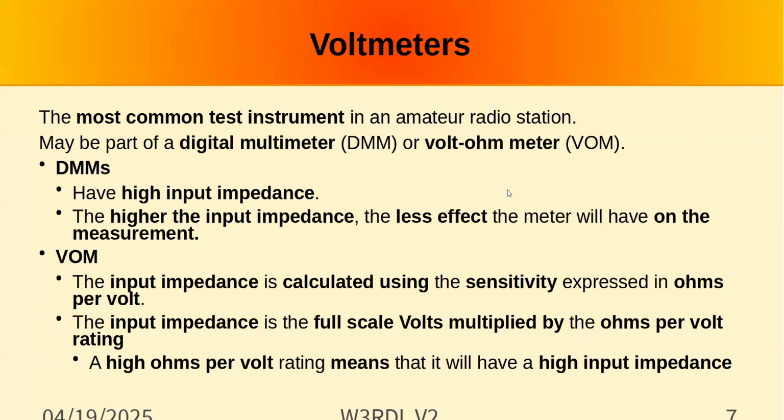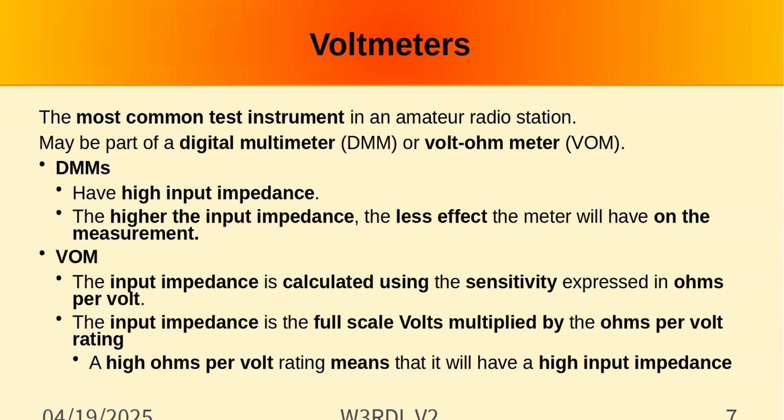The most common test instrument that basically everybody has at least one of is the volt ohm meter or digital multimeter. The digital have high input impedance, usually they're FET front ends on them, so they have a very high impedance.